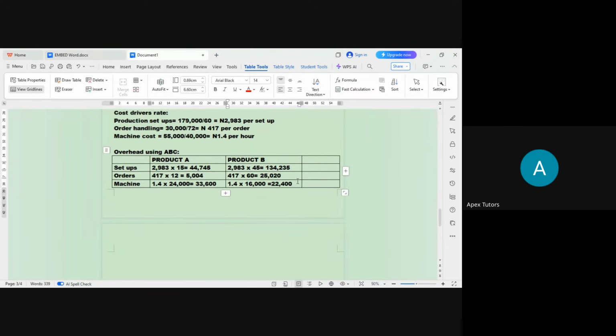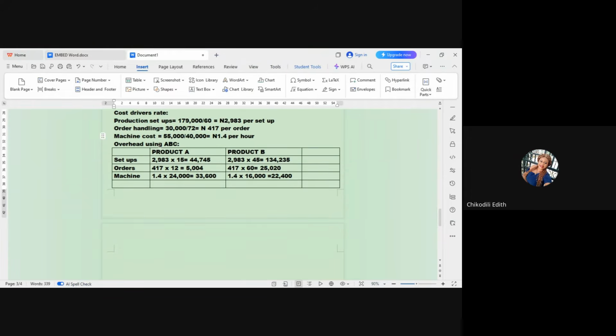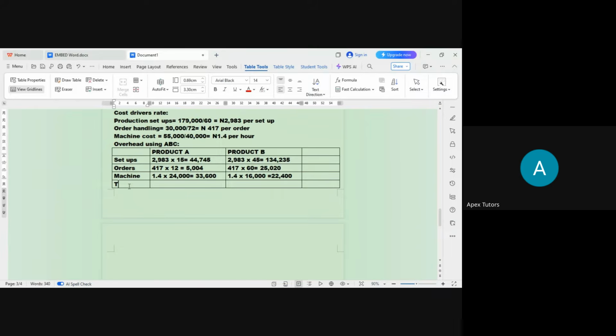So the total is what? When you add for the whole cost, you have 44,745, 5,004, 33,600.